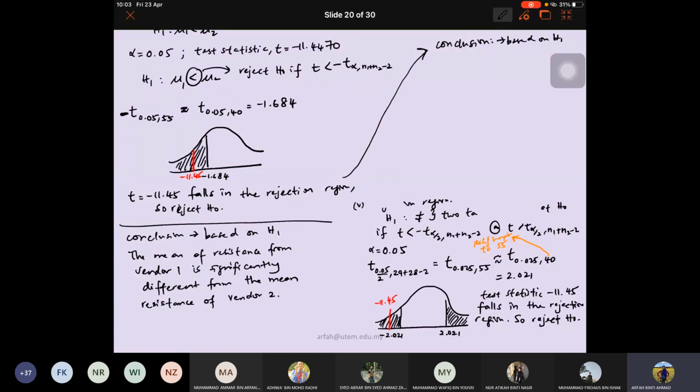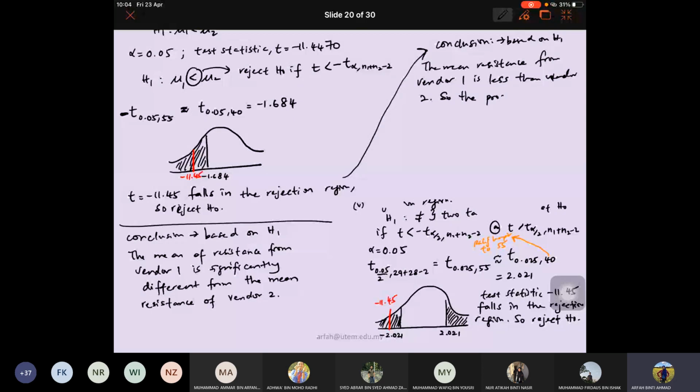Okay. So we get that the mean resistance from vendor 1 is less than vendor 2. So the procurement should choose vendor 2.